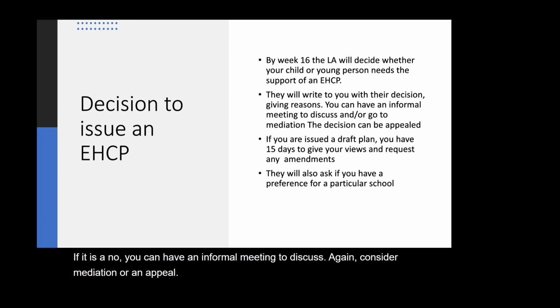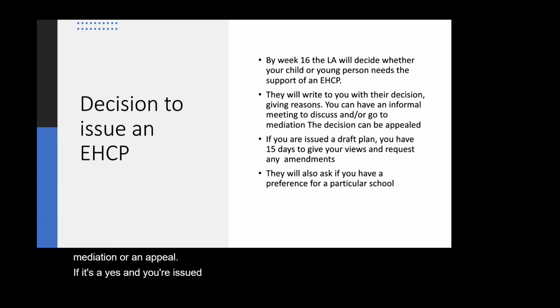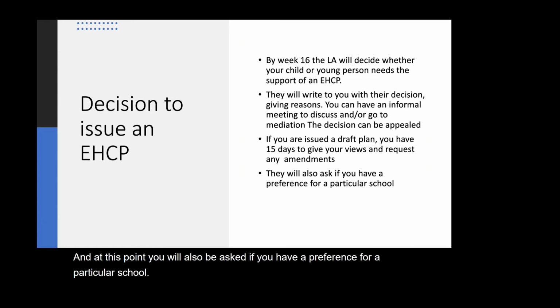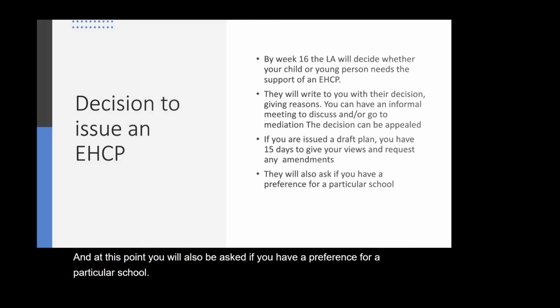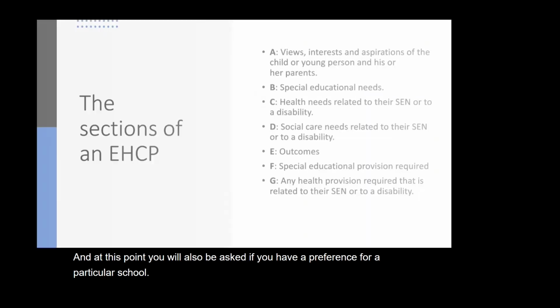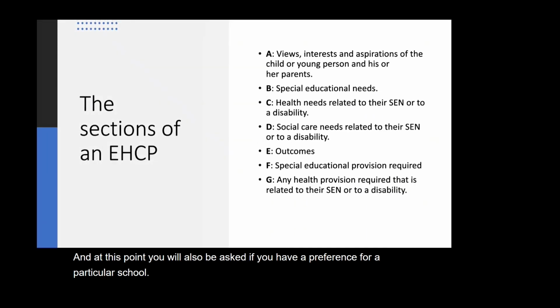If it's a yes and you're issued a draft plan, you have time to consider its contents and make your views known. And at this point, you will also be asked if you have a preference for a particular school. What can you expect to see in this draft plan?